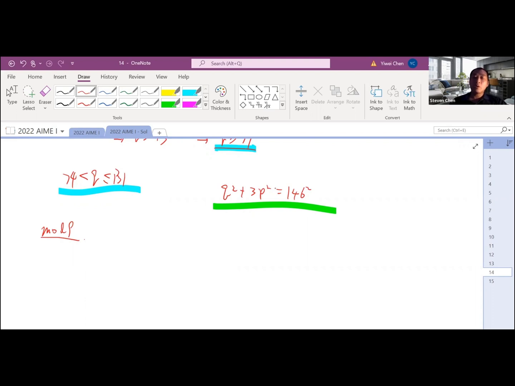It cannot be congruent to 2, right? So because P squared is congruent to 0 or 1 modulo 3, when it is multiplied by 3, we essentially know that 3P squared modulo 9 must be congruent to either 0 or 3. Now let me write it here.